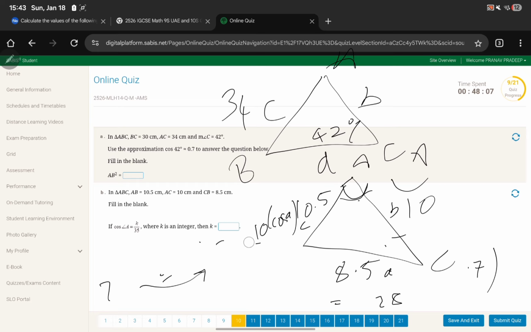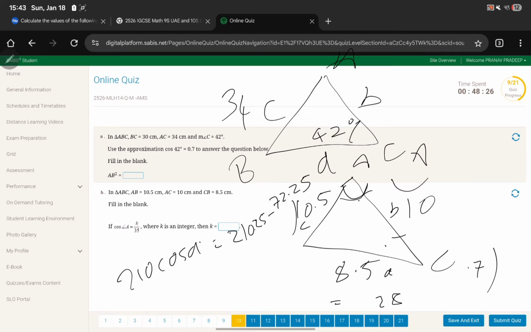So that'll be 210 cos A equals 210.25 minus 72.25, and that's 138, and you divide both sides by 210. Sorry, it's a bit shabby, but I know you can get it.